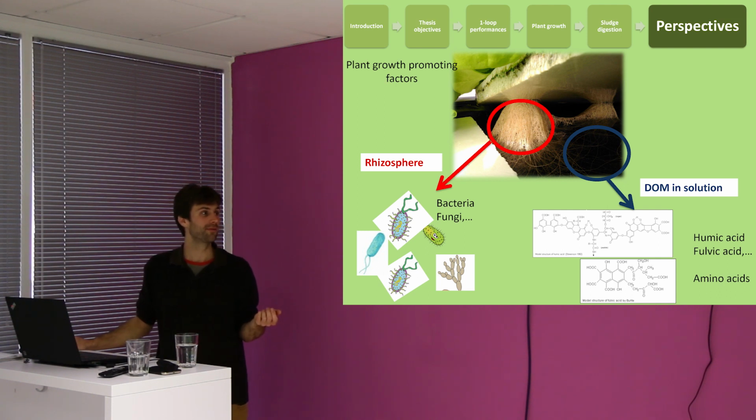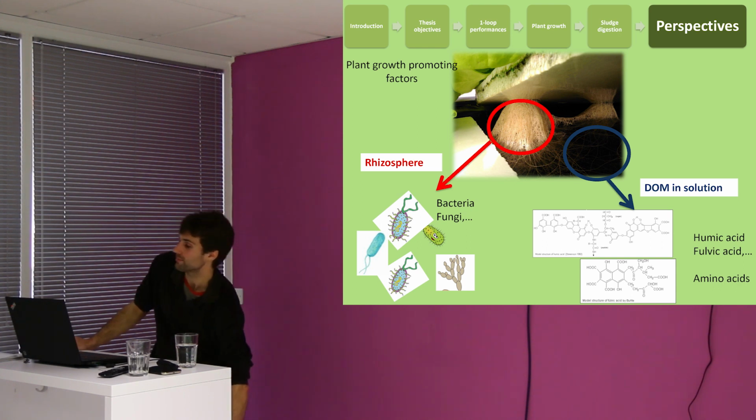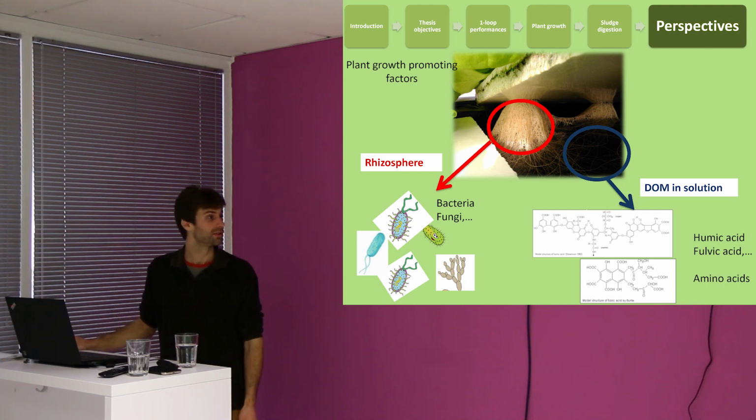So, like we know that, for example, humic acids will promote the growth, and we need to focus on these molecules. But if you can prove that these molecules are in the fish water, some are really known to improve the growth. And they can also directly feed the plant, like some amino acids.